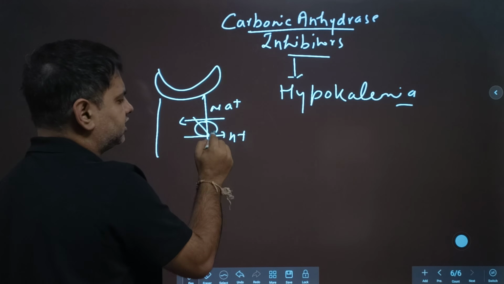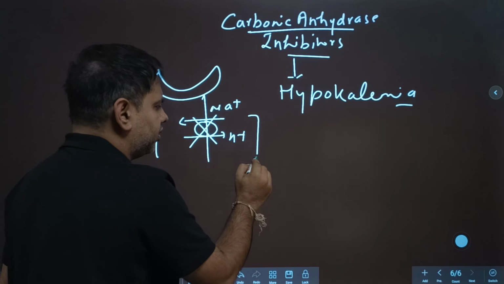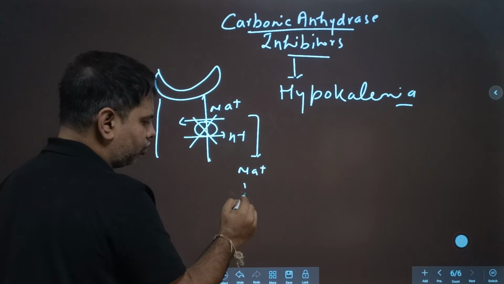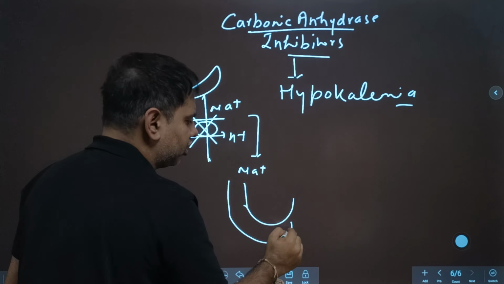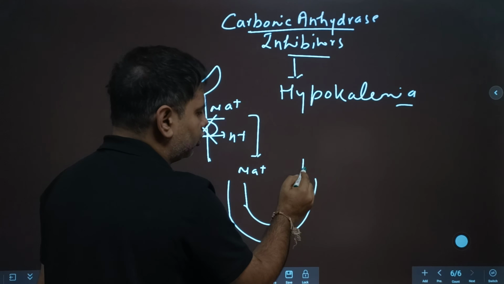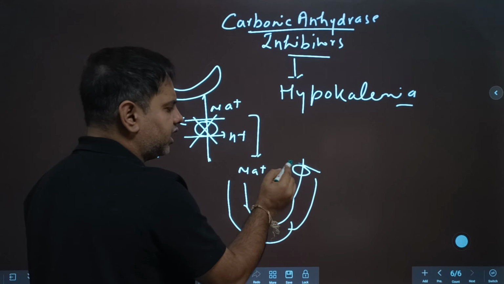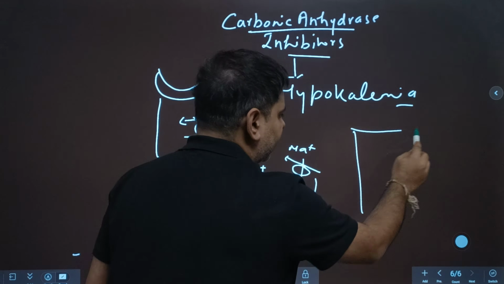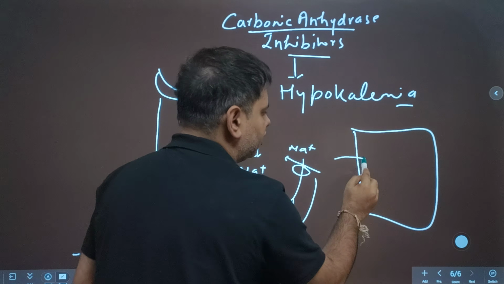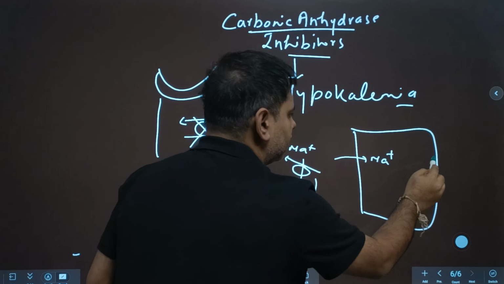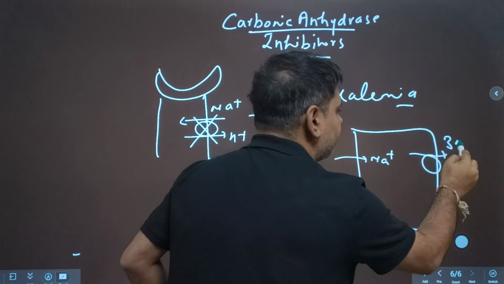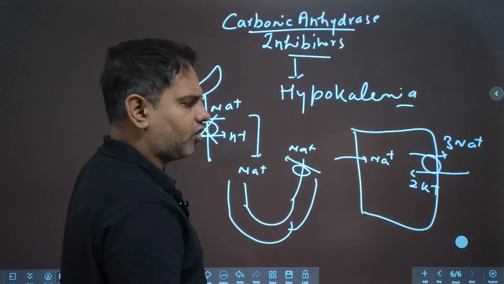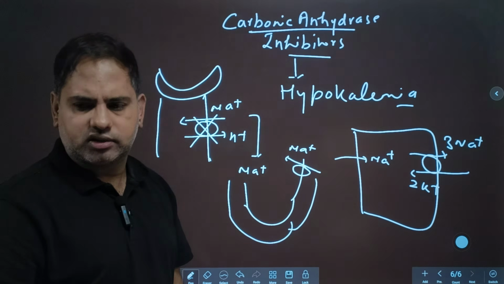So if the sodium and hydrogen exchangers are not working properly, your sodium will come to the next site, lower down where the loop of Henle and then the distal convoluted tubules are. So there is also a chance for the sodium to be reabsorbed back, right? When the sodium is reabsorbed into the cells, what will happen? There is a 3 sodium 2 potassium exchanger on the basolateral side of each and every cell, right?